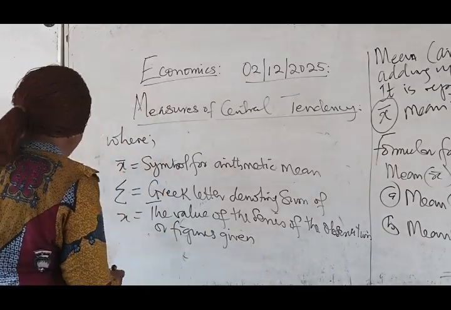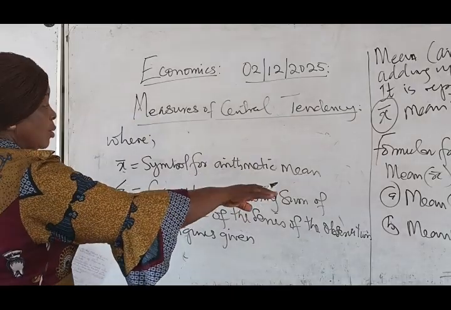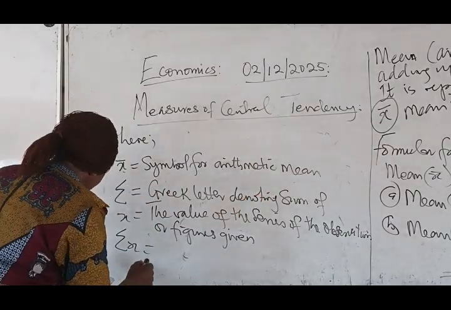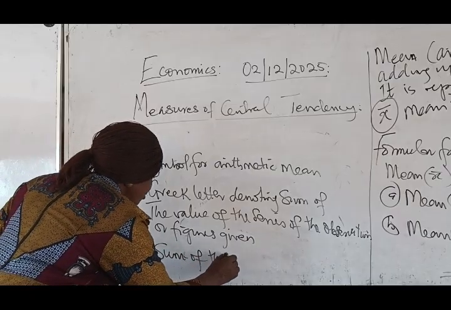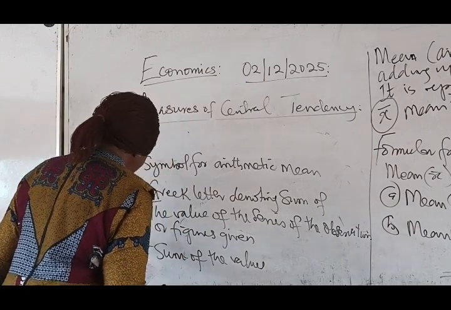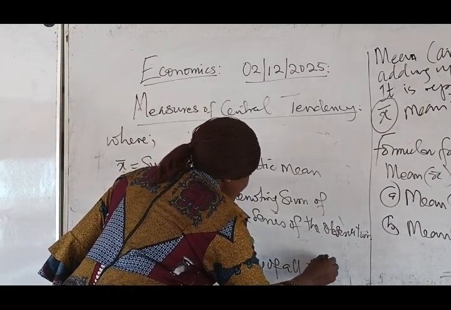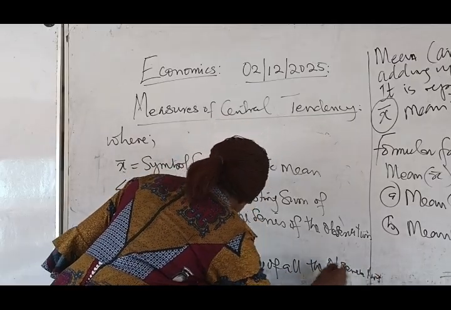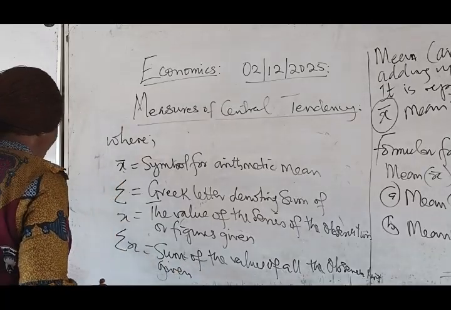Then we have the summation sign. Remember, I'm trying to explain what we have in the formula. This one stands for the sum of the values of all the observations given.